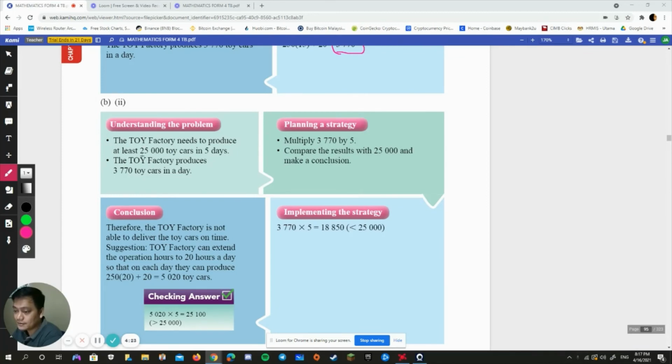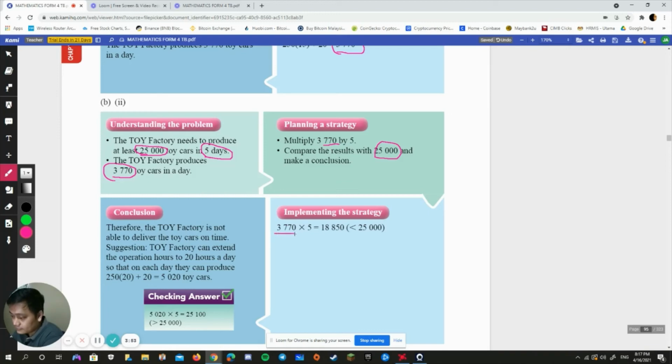So the toy factory needs to produce 25,000 toys in 5 days. Okay, the toy factory produced 3,770 toy cars in a day. So you multiply 3,770 by 5 and then compare the result with 25,000 to make a conclusion.